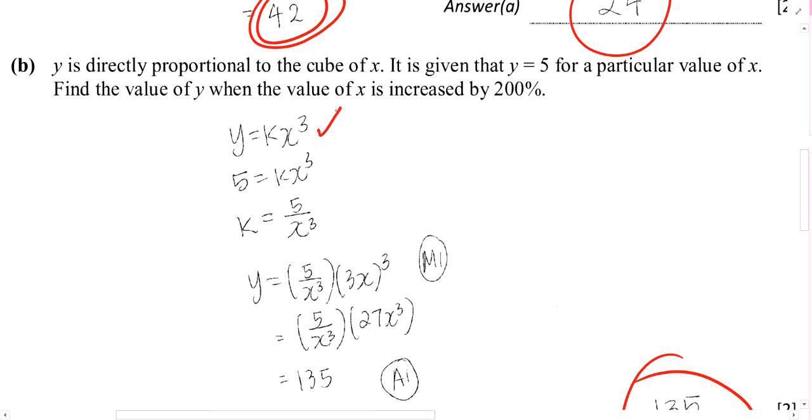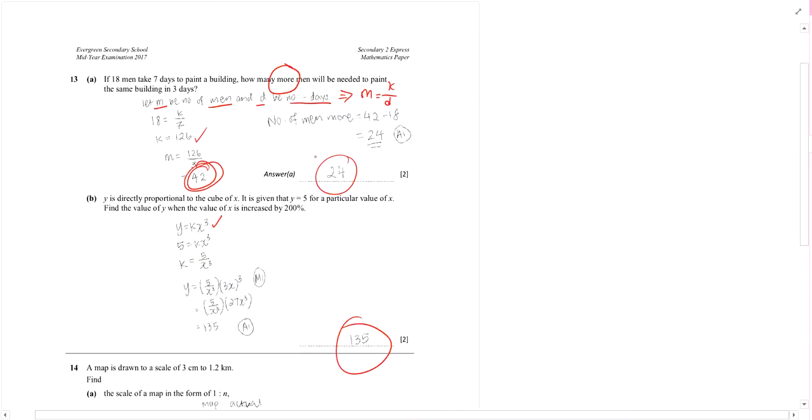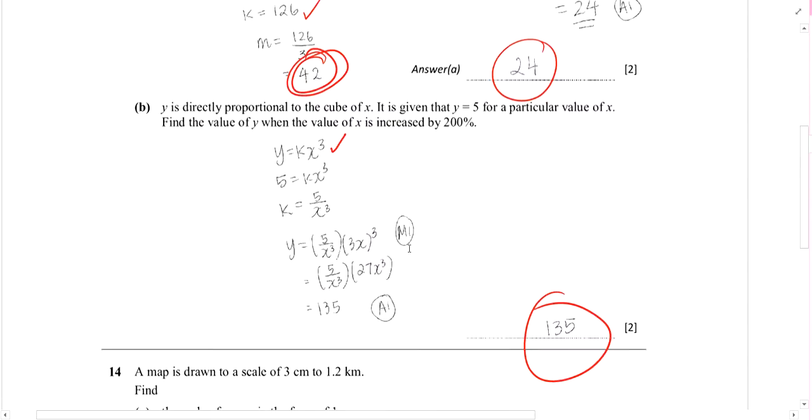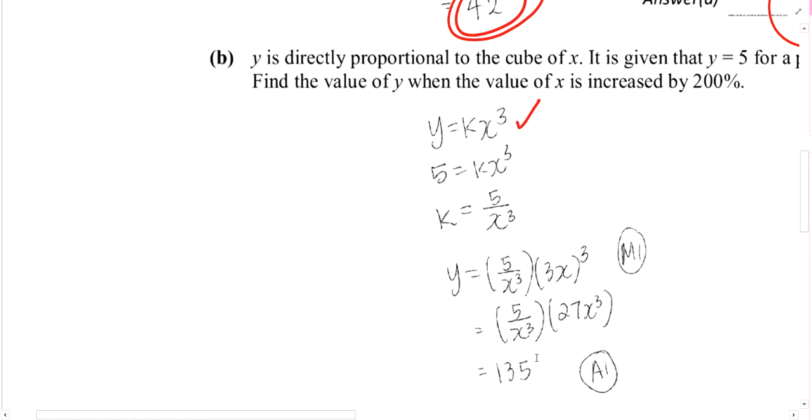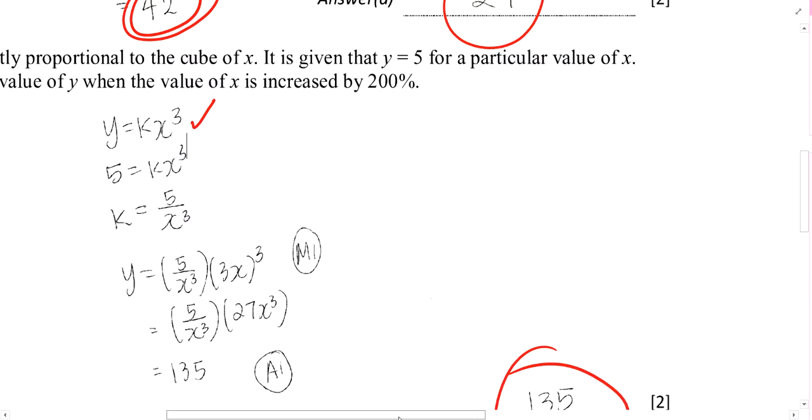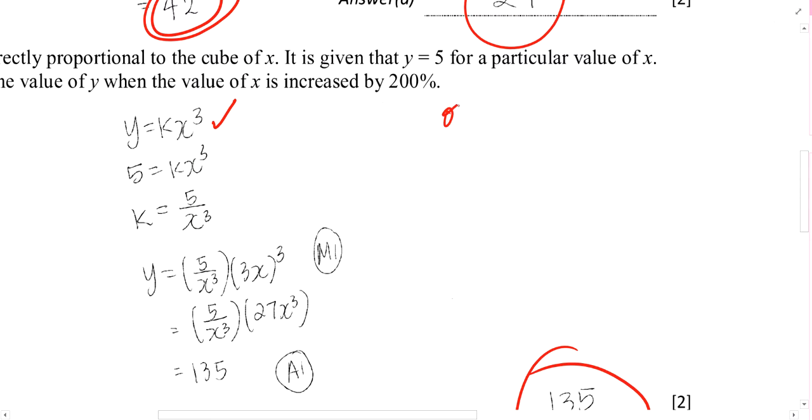y equals kx cubed. Can sub in 5. So 5 equals kx cubed. These are all the original values. So I'll show you my presentation. Original: y equals kx cubed, and this is equal to 5.